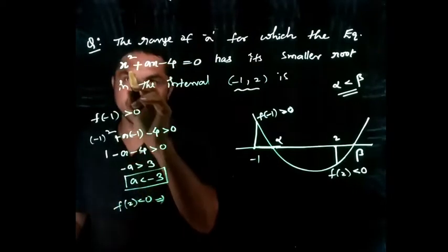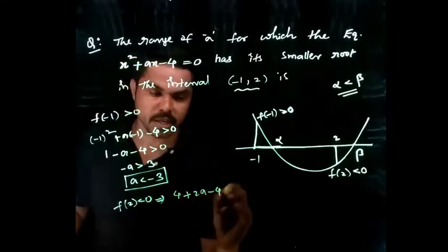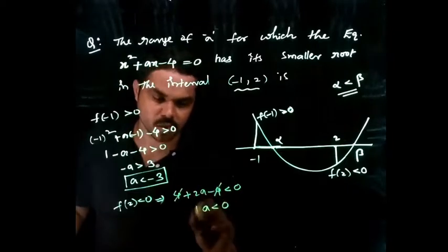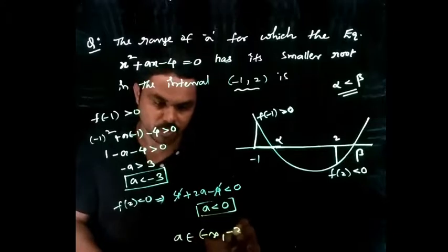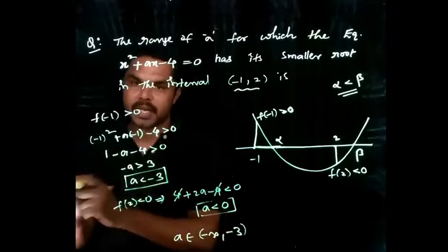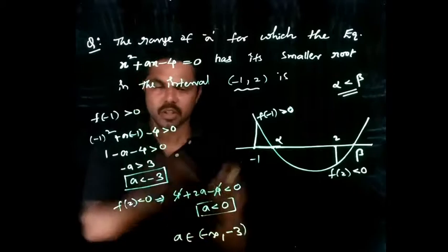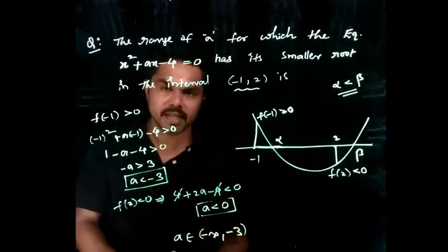For f of 2 we have to substitute 2 in the given equation. So 4 plus 2a minus 4 less than 0. 4 cancels, we will get a less than 0. Now a less than minus 3 means minus infinity to minus 3, and a less than 0 means minus infinity to 0. The common part of the interval is minus infinity to minus 3, which is the answer for this question.